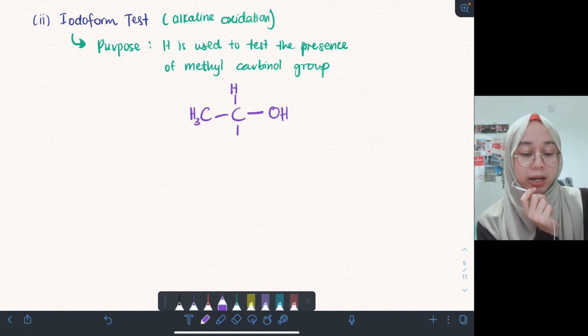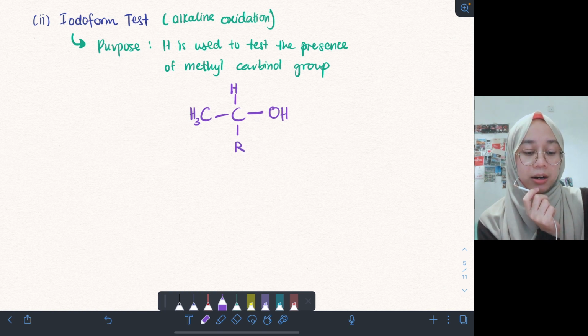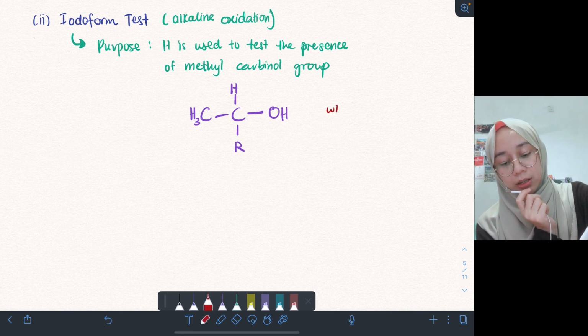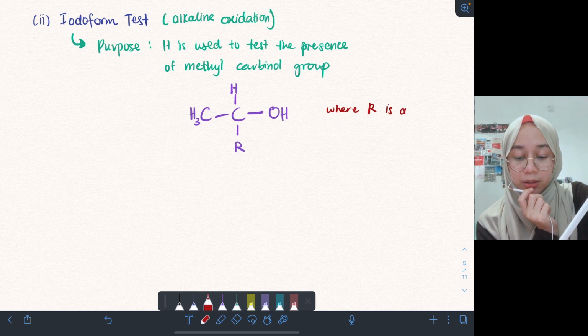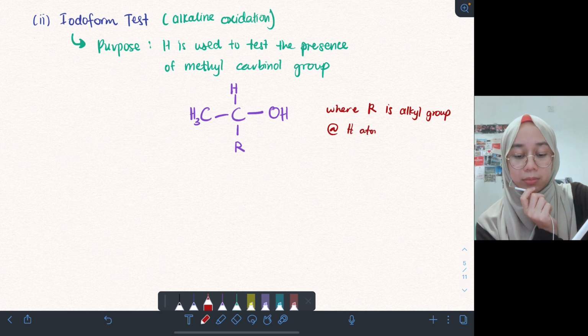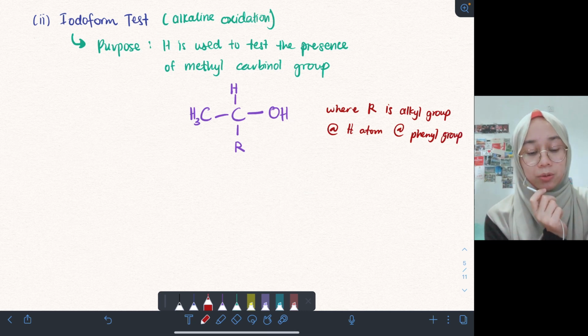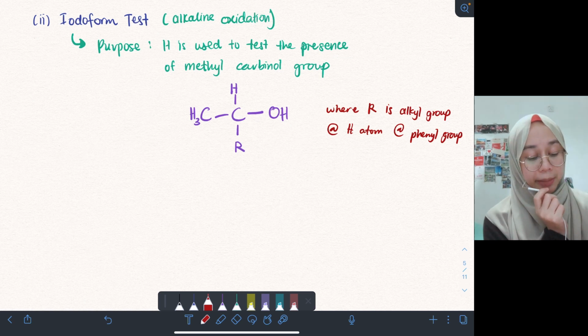Okay, and then kita akan ada R, whereby R kita ni boleh jadi, okay, where R is alkyl group, okay, or maybe hydrogen atom, or maybe phenyl group. Okay, boleh jadi benzin juga dekat situ. So depends lah. So bahagian mana yang specifically dikatakan sebagai methyl carbinol group?